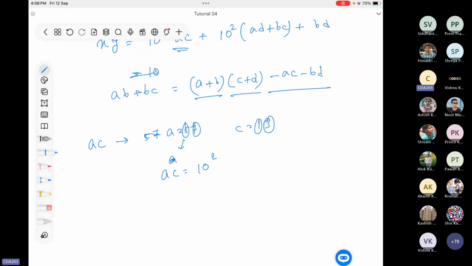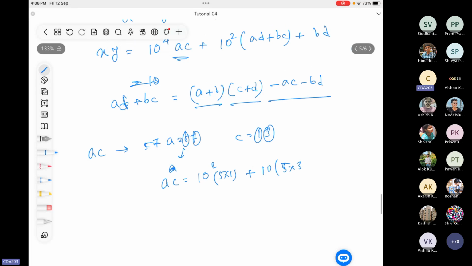10 square, it's AC, so 5 into 1. So it's a single digit multiplication, plus 10 times this, which is 5 into 3 plus 7 into 1, the AD plus BC, plus 7 into 3.